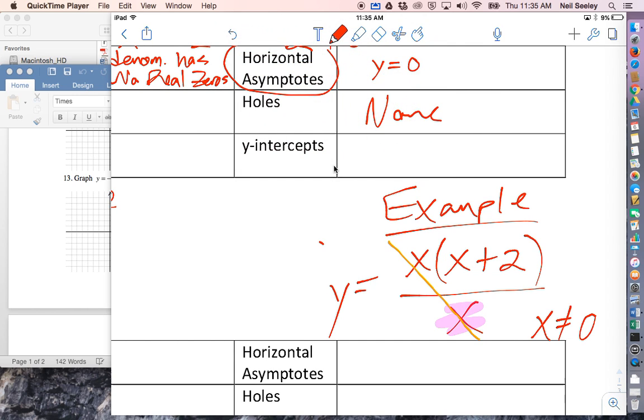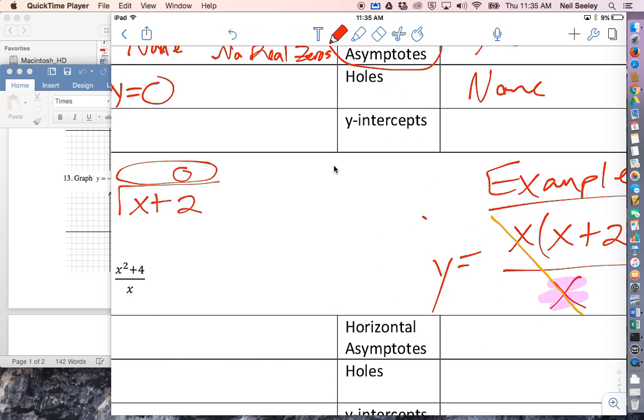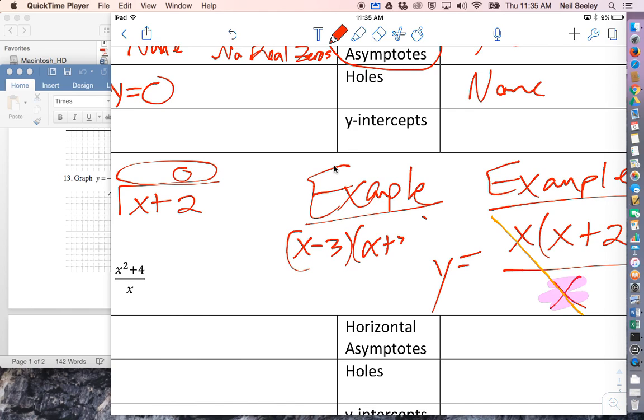So I'll give you another example, not a problem on your sheet. If I did x minus 3 on top and x plus 2 on the bottom, I had x plus 2 again. Usually I'd look at that and go, oh, look, can't have negative 2.